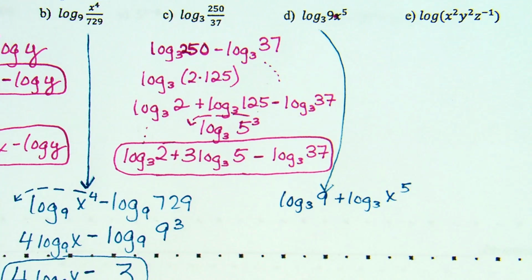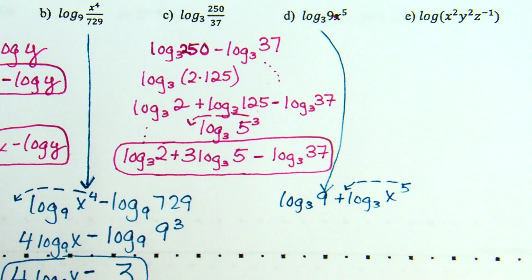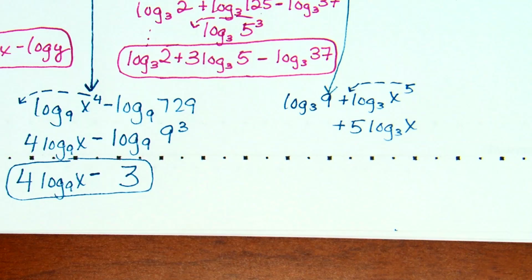Okay, so we can use the power property and take the 5 out front. And so this becomes plus 5 times log base 3 of x. Okay, so yes, you can take the 5 out front after they're separated. Any thoughts on log base 3 of 9? 3 squared.